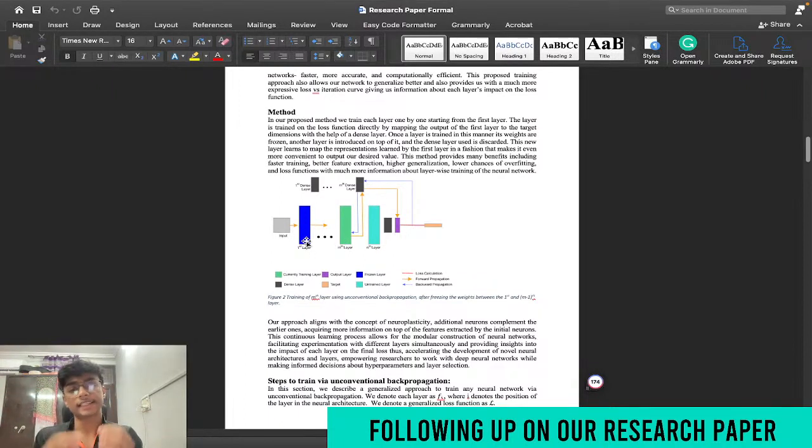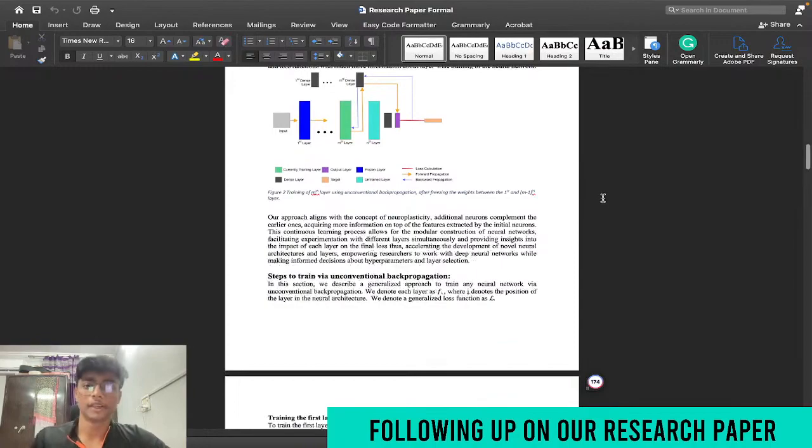So each layer gets the chance to meet the final loss function in a closer fashion, rather than backpropagating through all of these functions, where this layer doesn't get to understand what the last thing we are trying to obtain is. Rather, it just obtains its interpretations from the second layer, and the second layer obtains them from the third layer in a traditional network. So that's what we changed earlier.